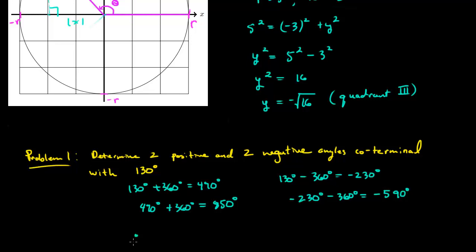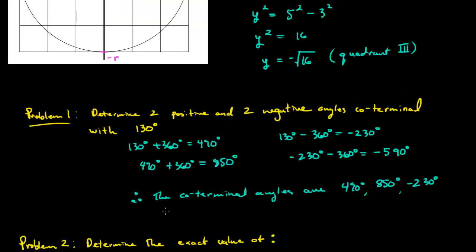Therefore, the coterminal angles are 490 degrees, 850 degrees, minus 230 degrees, and minus 590 degrees.